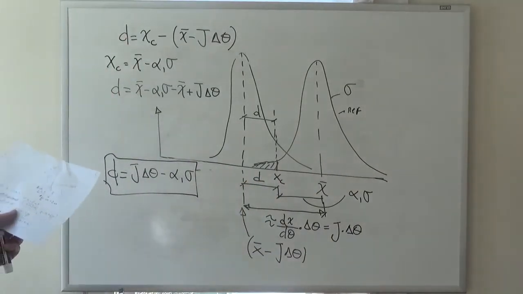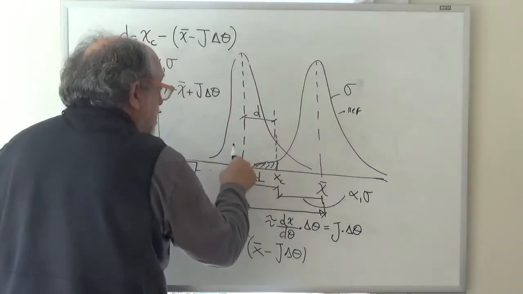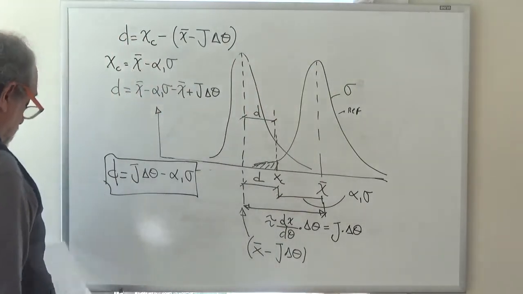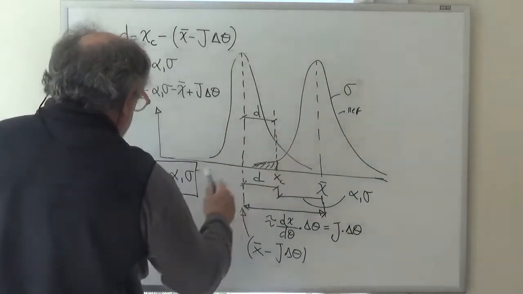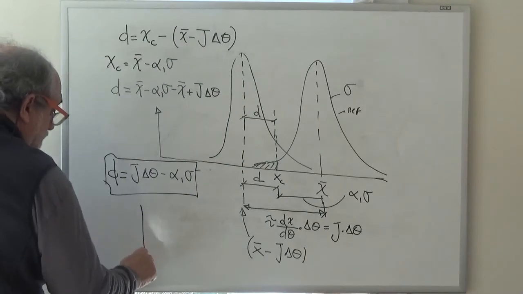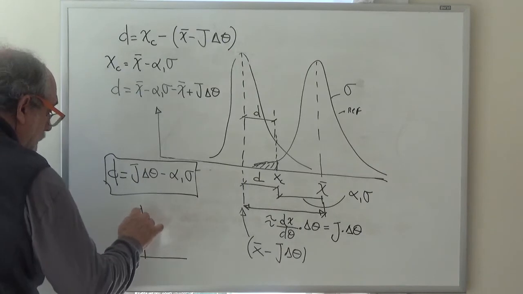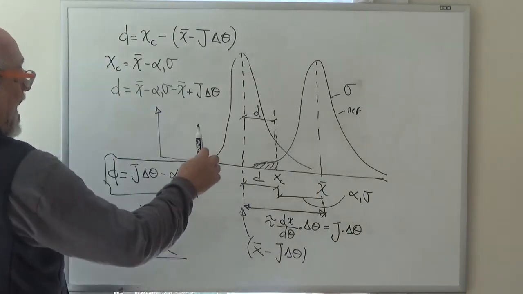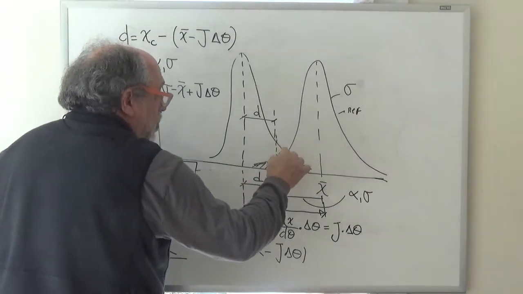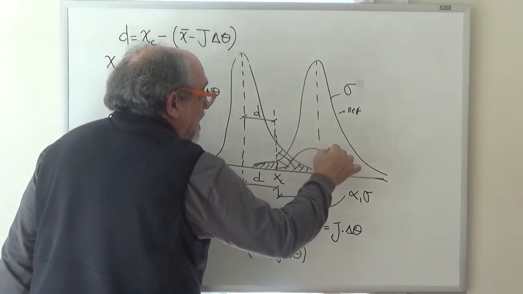Now, what we need to do is to say, if I move d away from the mean of my damage distribution, how much area is there on that side? So imagine first that we look at the standard once more, right? The area that is to the right here, that's the type 2, right?